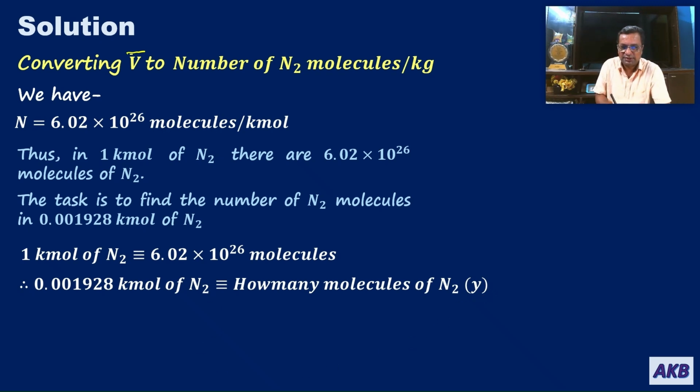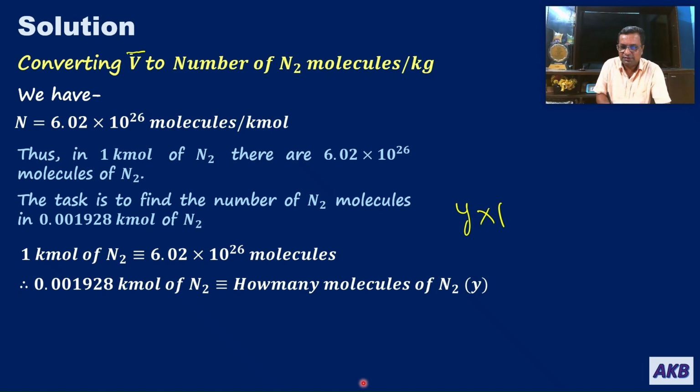From this equivalence I can write this equation. I will use cross multiplication. So Y into 1 is equal to 0.001928 into 6.02 into 10 to the power 26.